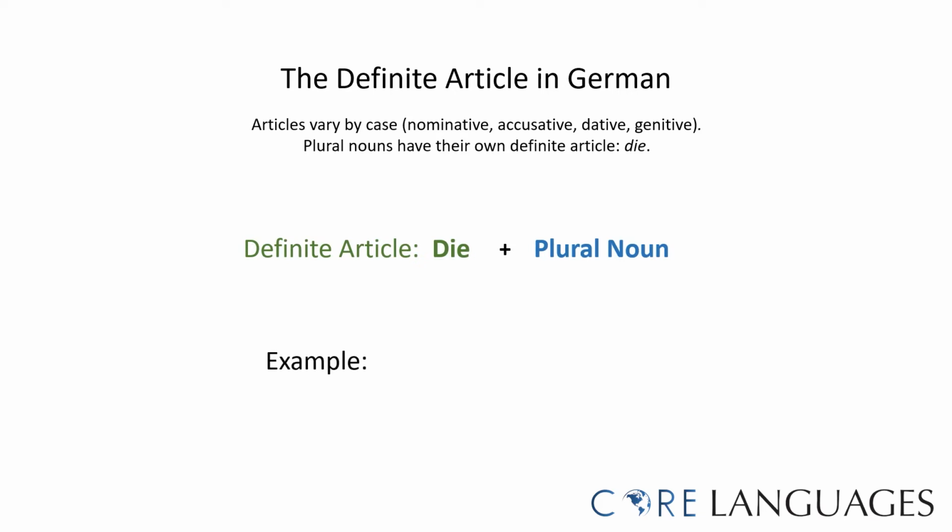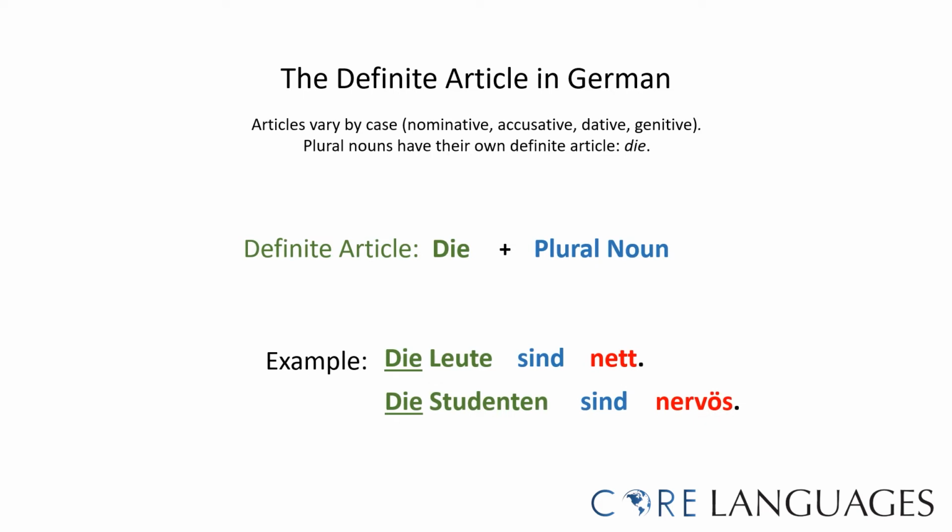Here is an example. Die Leute sind nett. The people are nice. Leute is by default a plural noun, so it uses the definite article die. Die Studenten sind nervös. The students are nervous. The noun Student is a masculine noun, der Student.